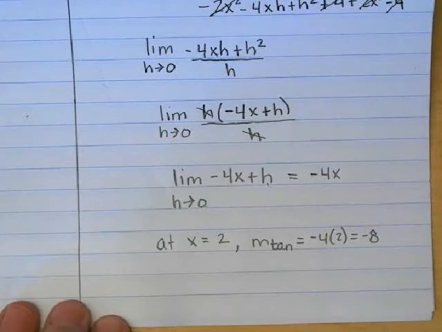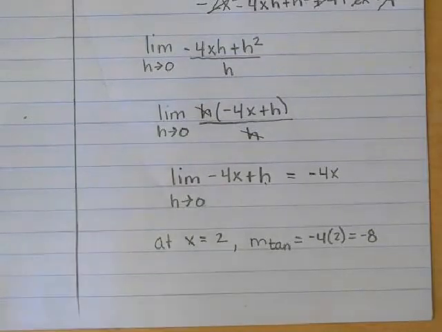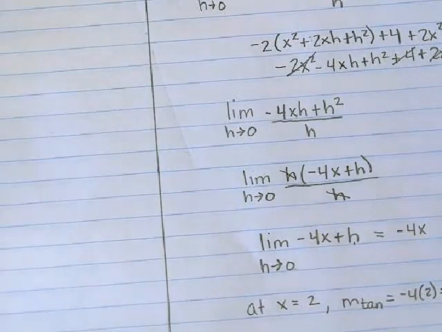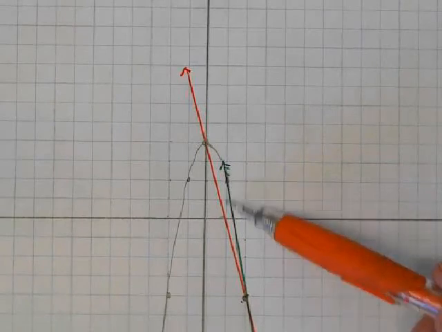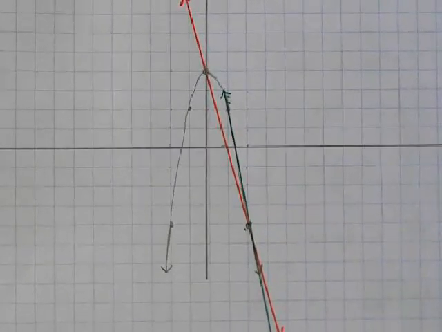Okay? So if I think about my paper, does this make sense? Oh, there we go, over here. Yeah, I think that makes sense, that it's pretty steep, that the slope would be -8.